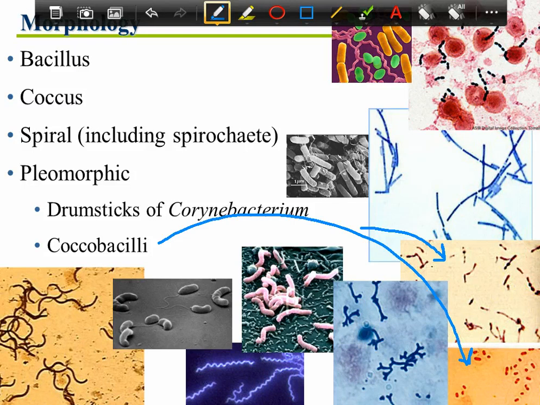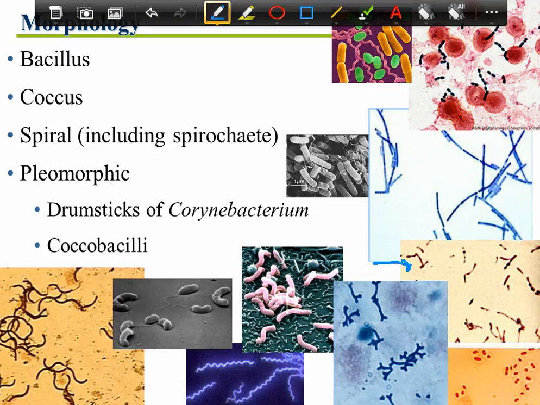Some of the shapes look like rods, and maybe some look like cocci, and some kind of look like drumsticks, what is called a drumstick shape. You can see some right here. And that's very distinct for corynebacterium that causes diphtheria.